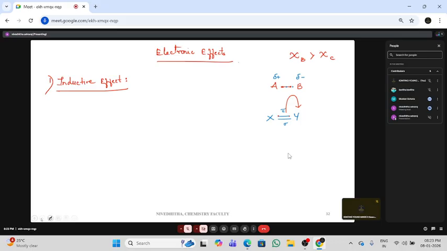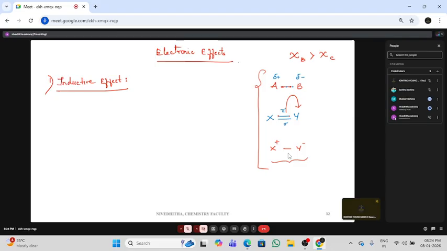So what will happen? Now X single bond Y. Now both the electrons were transferred to the Y atom. So Y will have a negative charge and X will have a positive charge. Now also there was a charge separation because of complete transfer of electron. So these are all basically electron displacements. Because of electron displacement, there was a charge separation on the molecule.